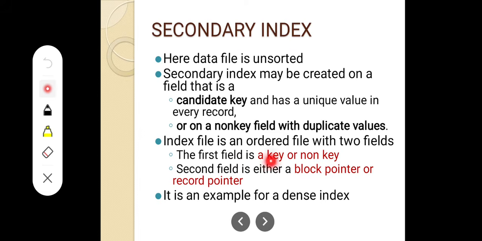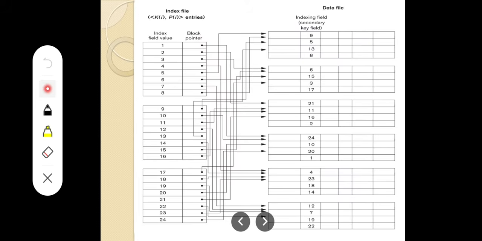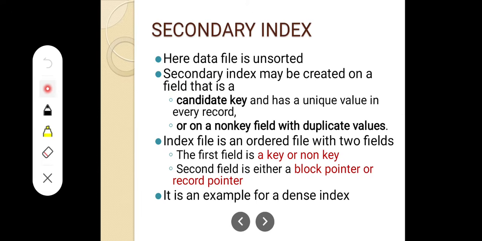The first field is a key or a non-key. So the first field can be this value, the first key value will be this value. This index field value can be a key or a non-key, and the second field is a block pointer, or a record pointer.